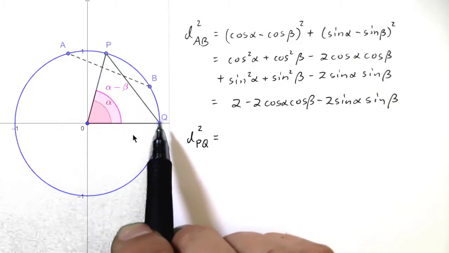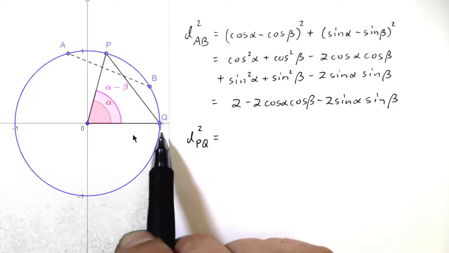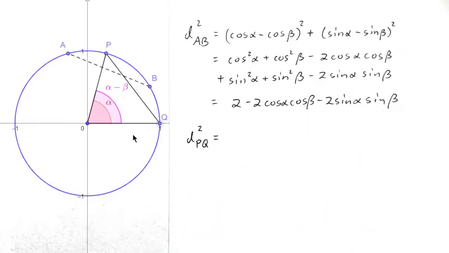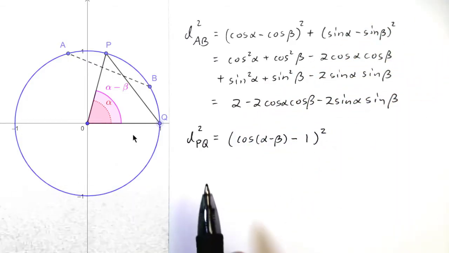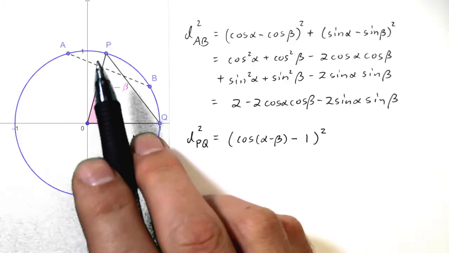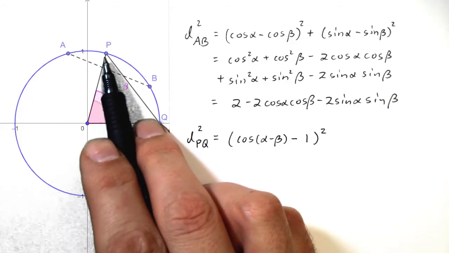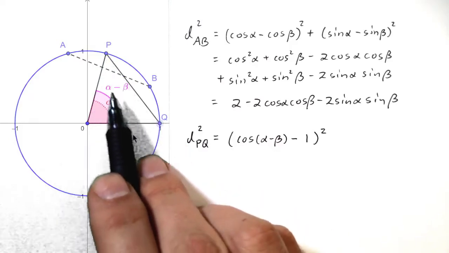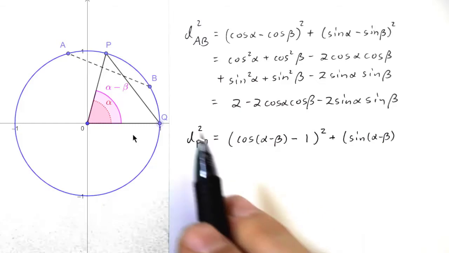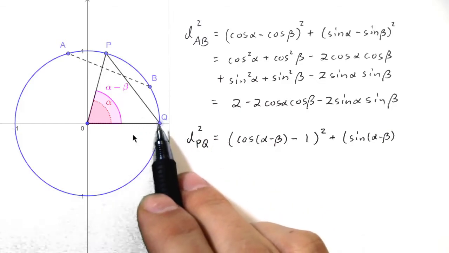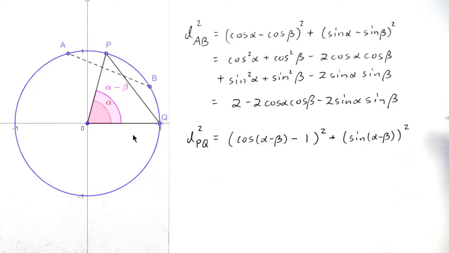And the x-coordinate of Q, you can see, is just equal to 1 because it's the unit circle. And what about the difference of the y-coordinates? Well, the y-coordinate of P is sine of this angle, alpha minus beta. And the y-coordinate of this point Q is clearly 0. So I don't need to subtract anything there.